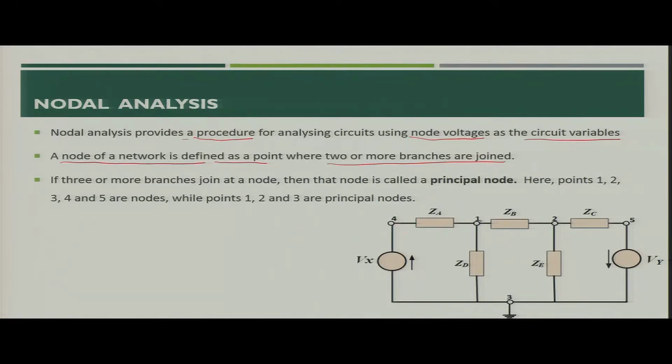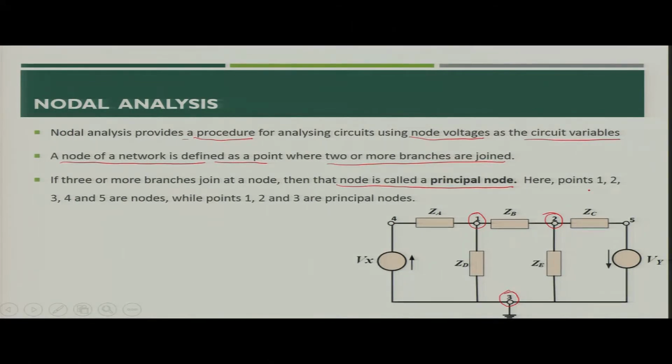So, this particular node would be called a principal node, and the rest of the nodes would be called simple nodes. In this particular circuit, the principal nodes would be node 1, node 2 and node 3, while node 4 and node 5 are the simple nodes.